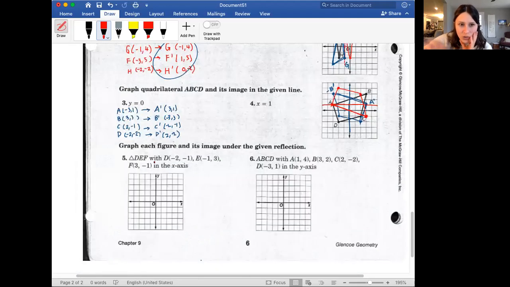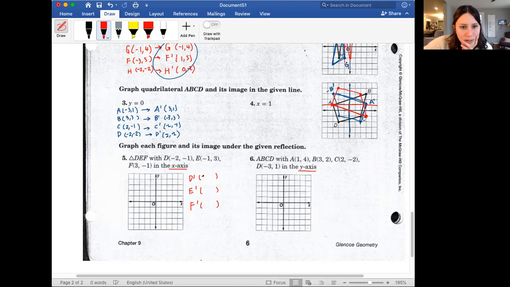Okay, so for these last two, it tells you to graph the image and then reflect it in the x-axis and in the y-axis. We already talked about these in your notes, so you can just use your notes to find the reflected image. If I know my original points are those, D, E, F, you can either draw the first image and then reflect it, or come up with the points right away, because reflecting over the x-axis means the y becomes negative.